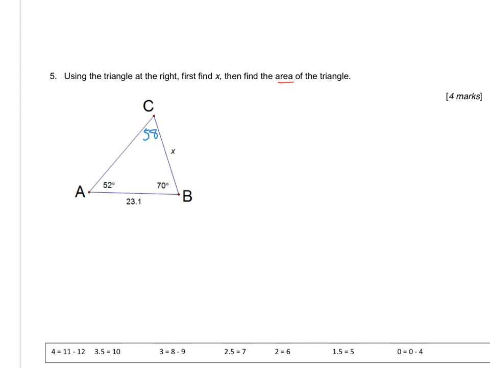Then we can put together the angles with the sides. So sine 58 over 23.1, sine 52 over x. Cross multiply and divide.